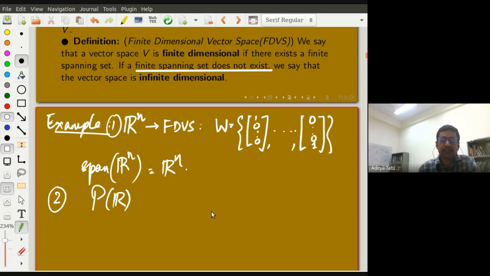Since it is finite, there will be a maximum degree, right? And of course, you can come up with a polynomial with degree greater than that degree, which will not belong to the span of this finite subset that you come up with. So therefore, this is an infinite dimensional vector space.